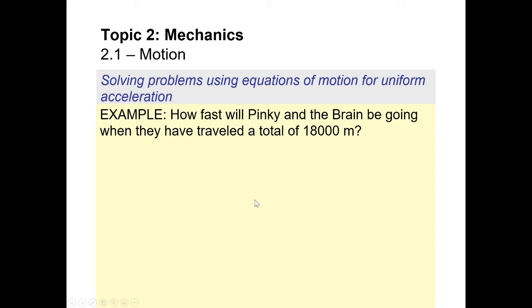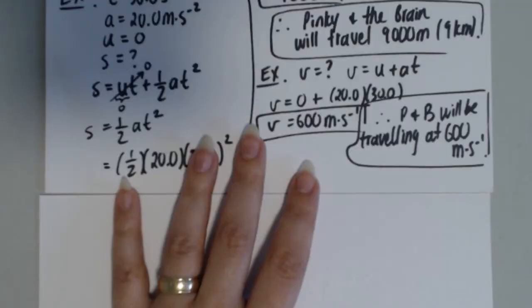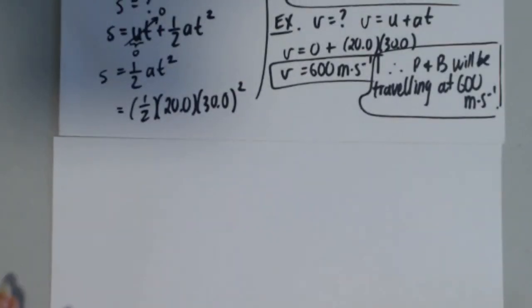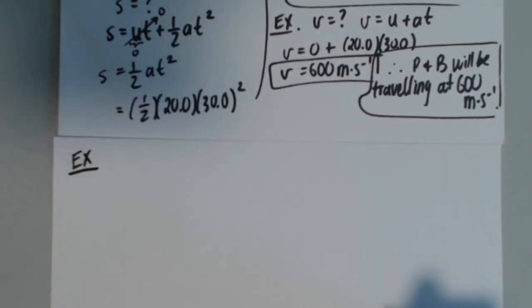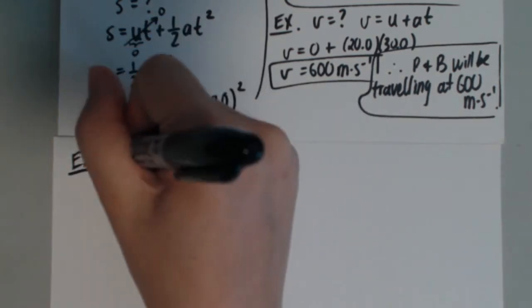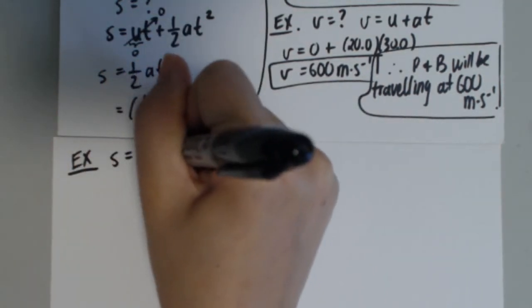Okay. Next, how fast will Pinky and the Brain be going when they have traveled a total of 18,000 meters? Well, they're still accelerating, so they're probably going a bit faster now. Keep in mind, if they've traveled a total distance of now 18,000 meters, that means it's taken them more time.